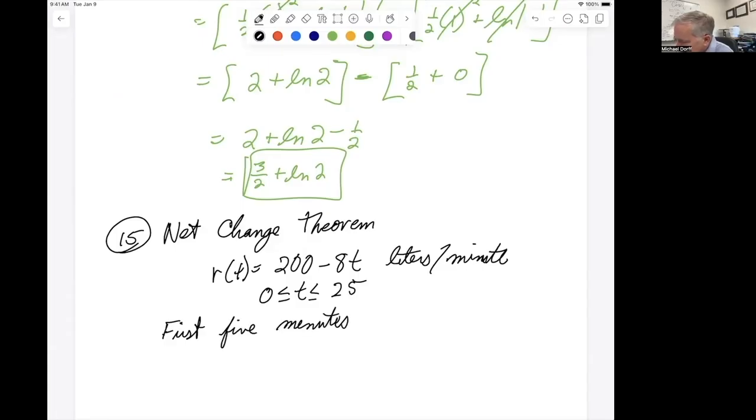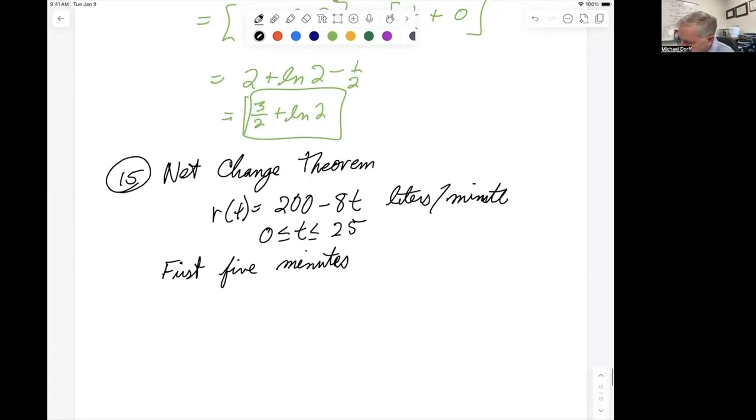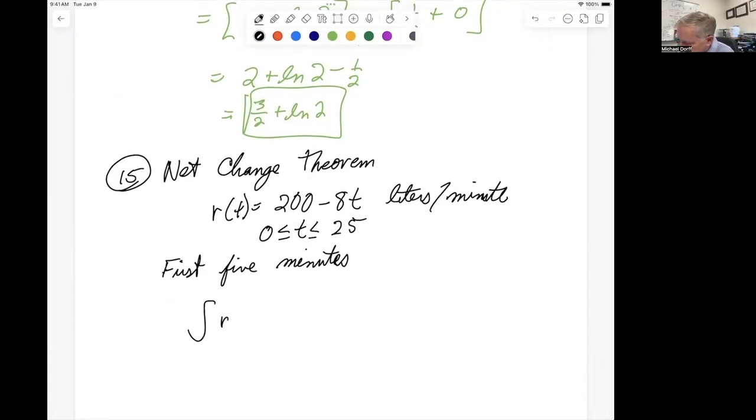Anytime you have a problem like this, it's going to be an integral of R of t from the first time to the second time, dt. In this case, in the first 5 minutes, that means I start from 0 minutes to 5 minutes, and my R of t is 200 minus 8t dt.